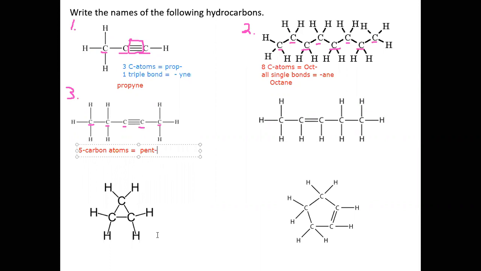And you'll notice here that we have 1 triple bond, so we're going to use the suffix yne. But we're not finished here, because let me write it right here.